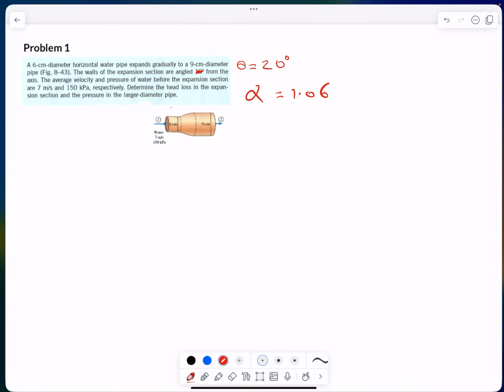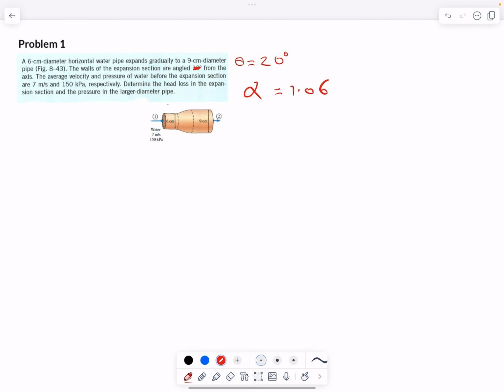So from that table, first we need to find d over D. The smaller one is 6, the bigger one is 9. This will give you 2 over 3, which is 0.666.